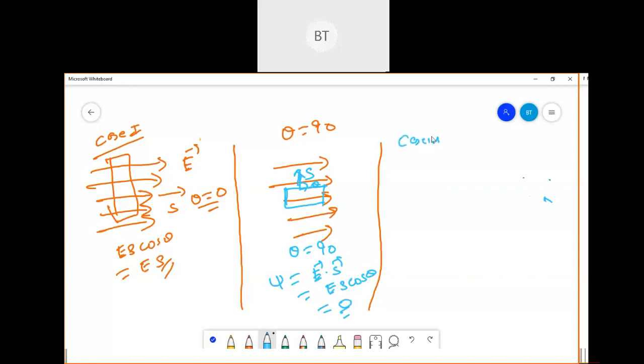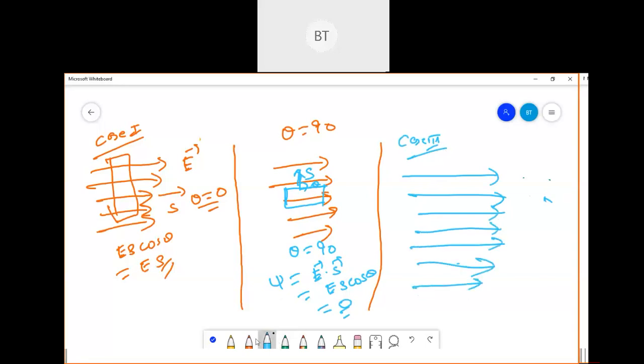Let's suppose the third case. In that third case, suppose a uniform electric field is there. This is our uniform electric field, and the surface is placed like this. So what is the angle it is making? Some theta angle it is making here.